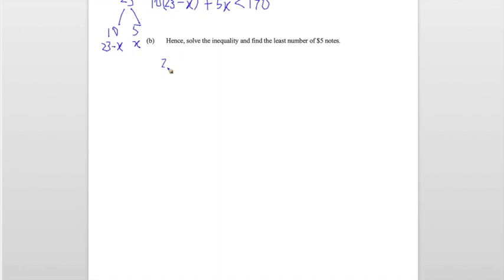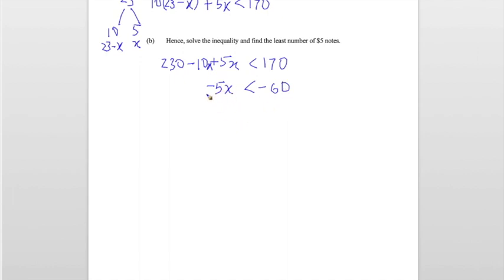We have 230 minus 10x plus 5x is less than 170. And that gives us minus 5x is less than negative 60.